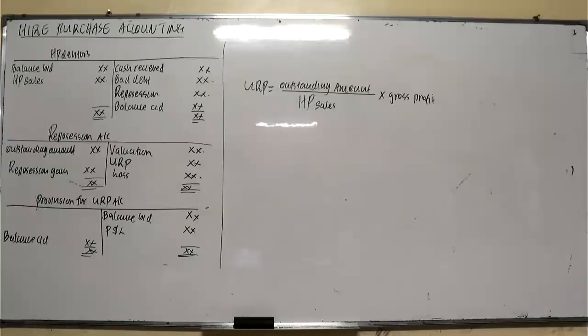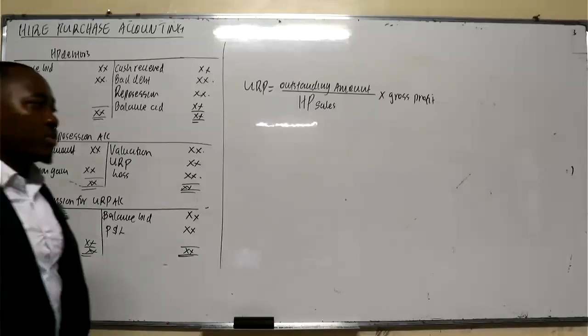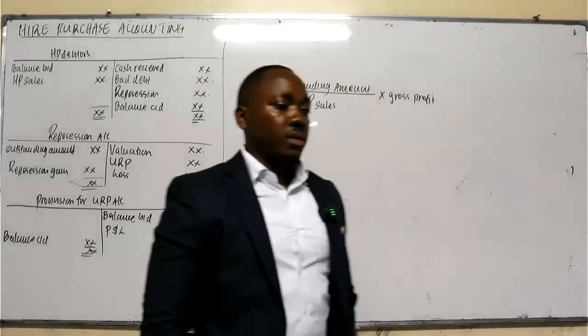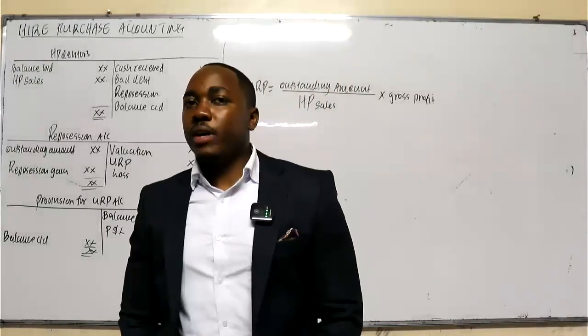So that means for unrealized profit, we'll be computing one for the debtors and one for repossession. Good.